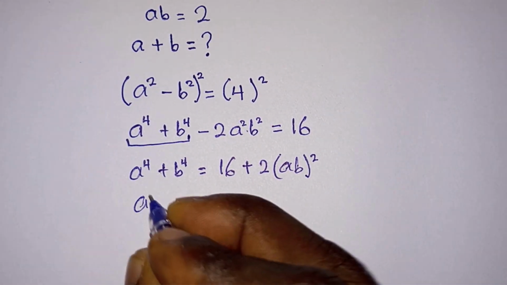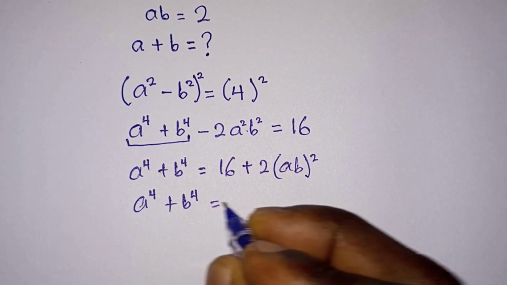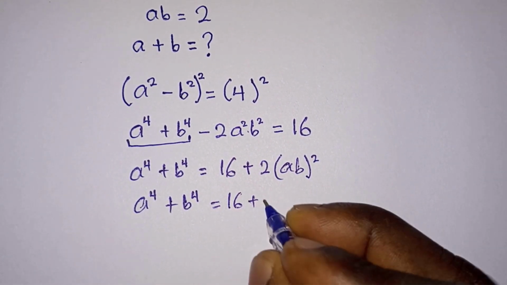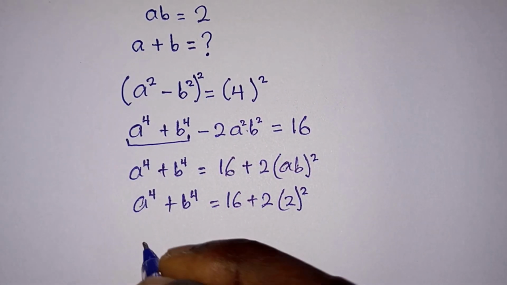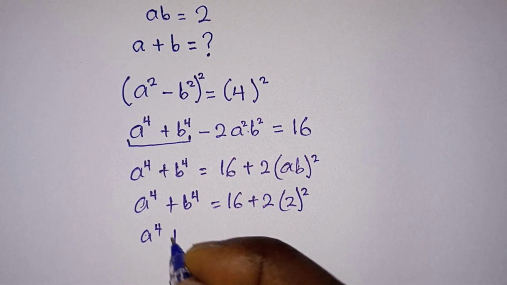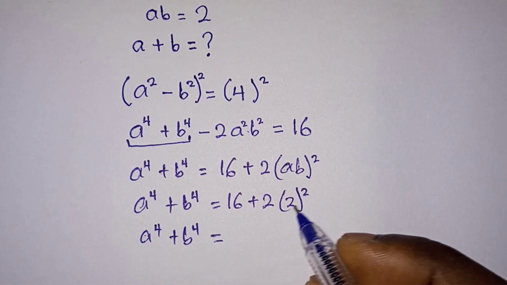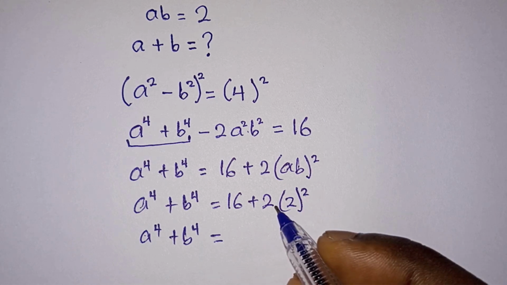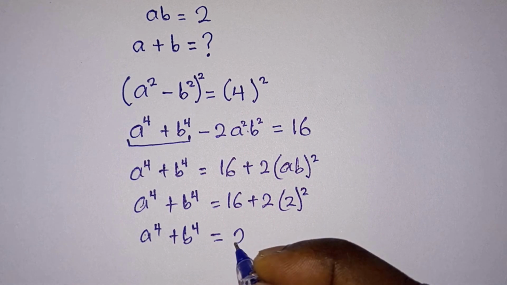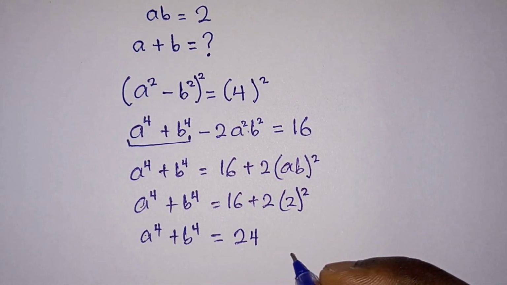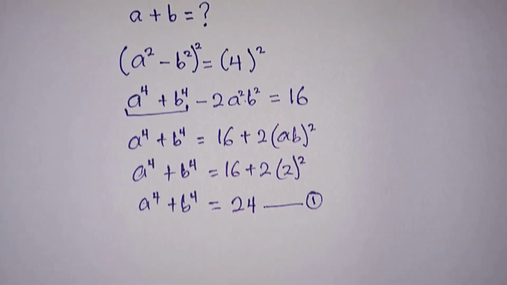So we have a to the fourth power plus b to the fourth power is equal to 16 plus 2 times 2 to the power 2. 2 squared is 4, times 2 is 8. 8 plus 16 is 24. So we're going to have 24 here, and we will call this equation 1.